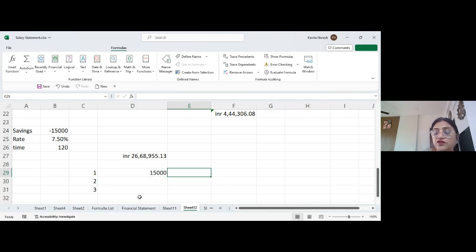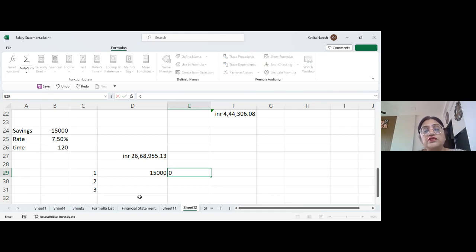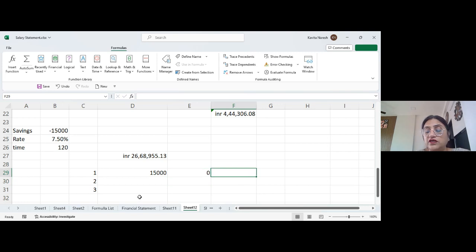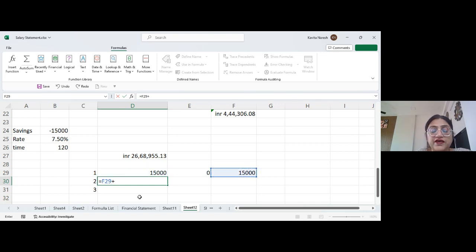Then the interest of the first month will be, I'm depositing in the second half na, so I'll not receive interest in the first month. So the closing balance will be this plus this. Now this will be the amount plus every month I am paying the 15,000 rupees.